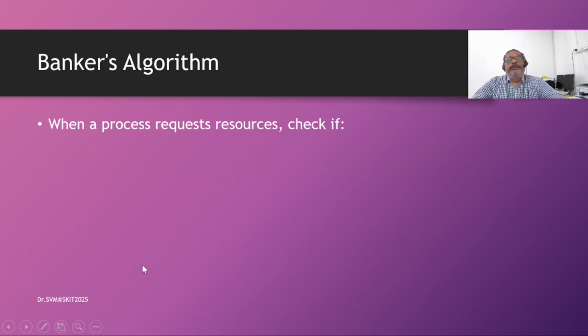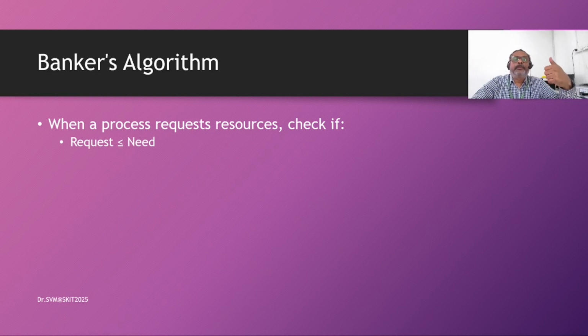When a process requests resources, the first thing is to check whether the request is less than the Need or not. We know the maximum requirement, and how much is allocated to them is known, so the difference is the Need.